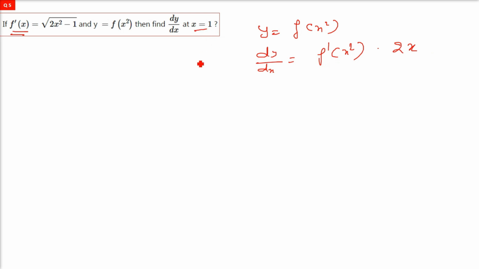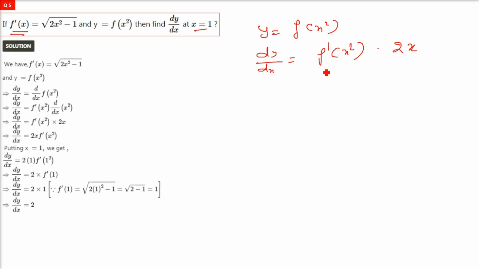Now at x equals 1 you have to find out. So what you can do is, this differentiation you already got, just replace x by 1. So dy by dx is equal to f dash 1 square, so f dash 1, 2 into x, that is 2 into 1. So twice of f dash 1.